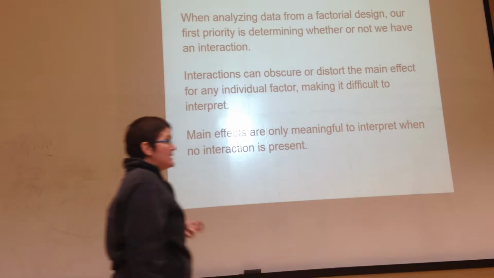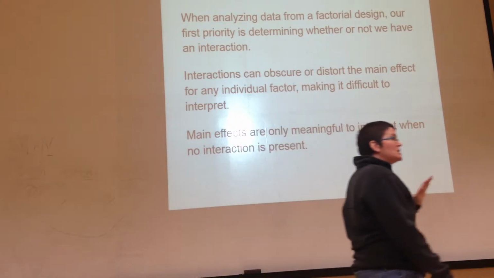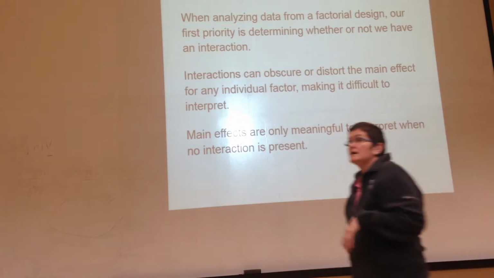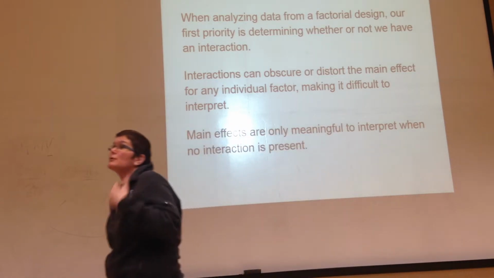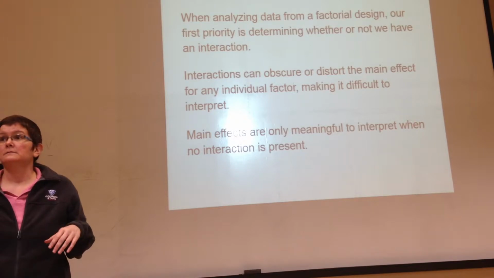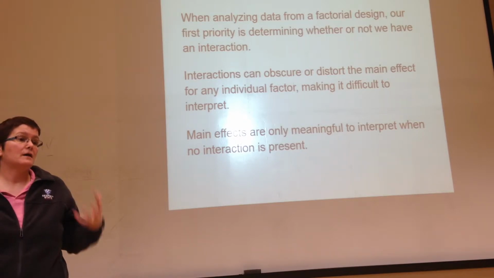But in the presence of an interaction, we have to be cautious about main effects because they could reflect type 1 error. The lack of a main effect could reflect type 2 error. That's occurring because the other variable is present.